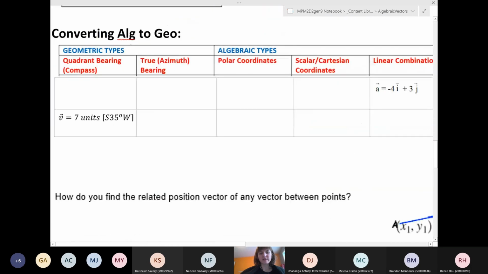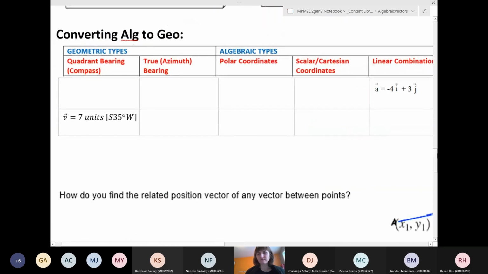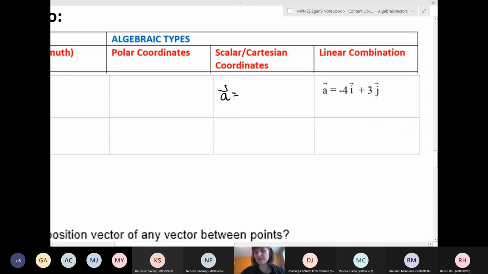To make sure that you guys got it, can you tell me what is vector A that is provided in this linear combination form? And notice when I took this from a textbook, they are not using the hats. You don't have to. If we use I in the future, it is implied that it's a unit vector. So I prefer to put a little hat on it so that it's really clear that it's a size 1.